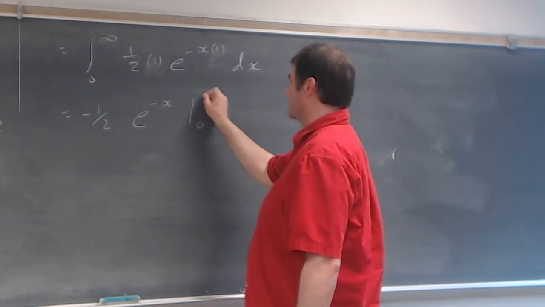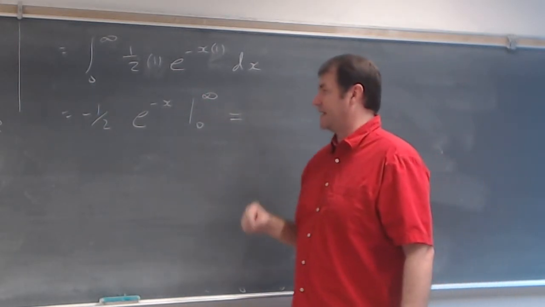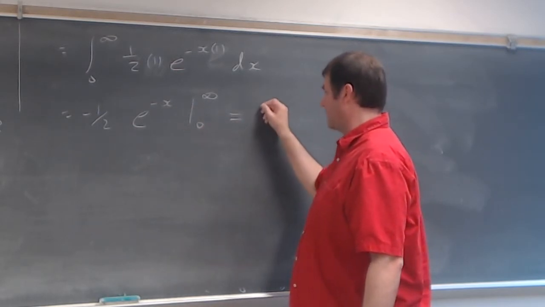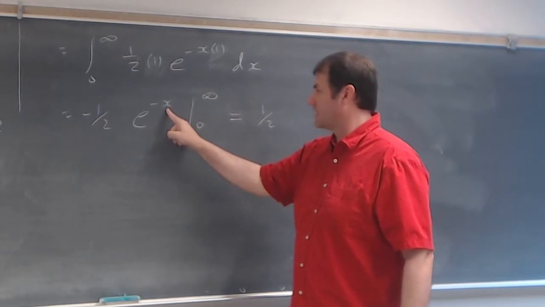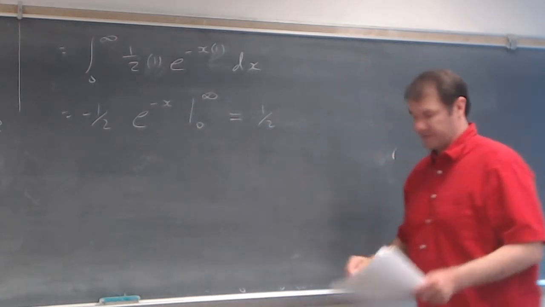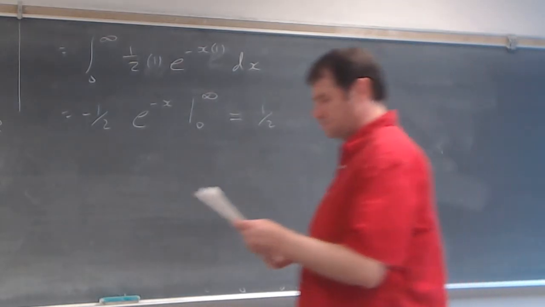I need to evaluate that from 0 to infinity. When we let x get really, really big, e to huge negative numbers goes to 0. Minus 1/2 makes plus 1/2. And then when we stick in x being equal to 0, we just get 1. So we just get 1/2 here. Great.